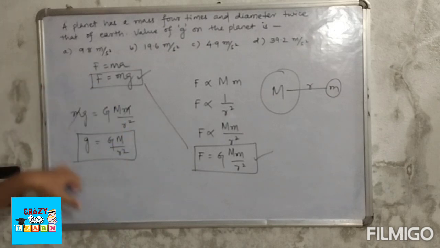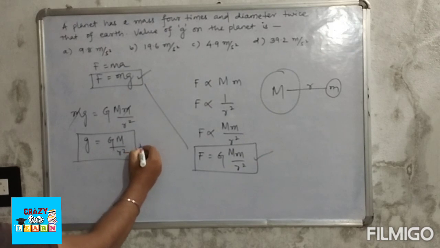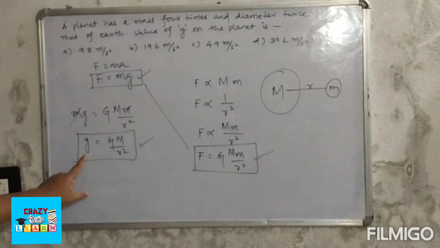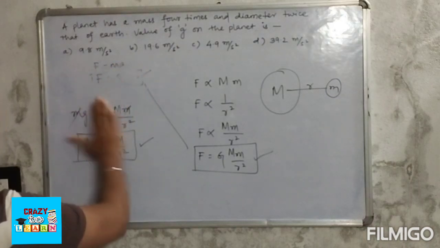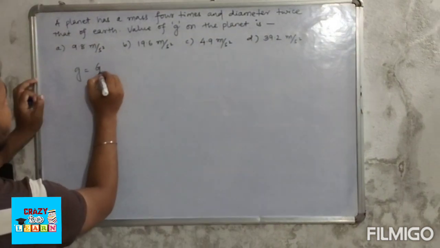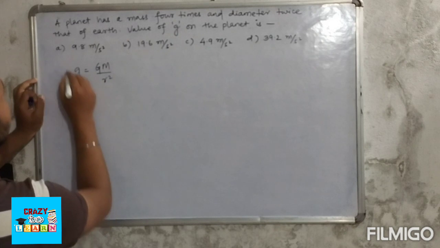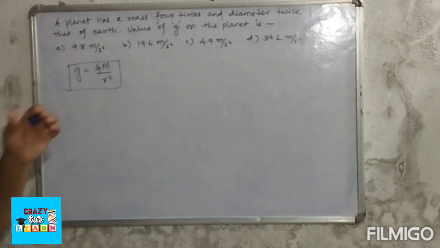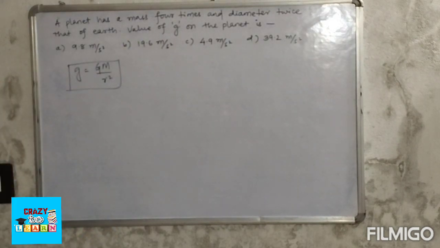I described all these things to find out this formula. What is the formula for the acceleration due to gravity, small g? Small g is equal to capital G capital M by r square. Okay, now we will go for our question.